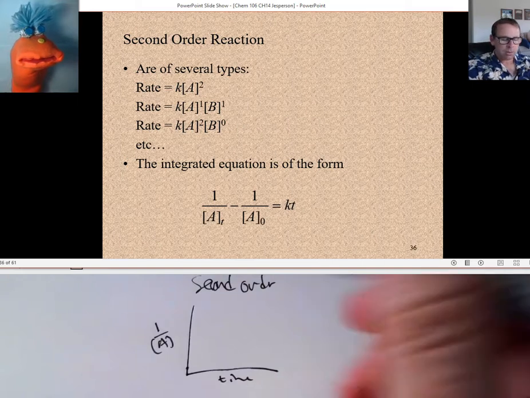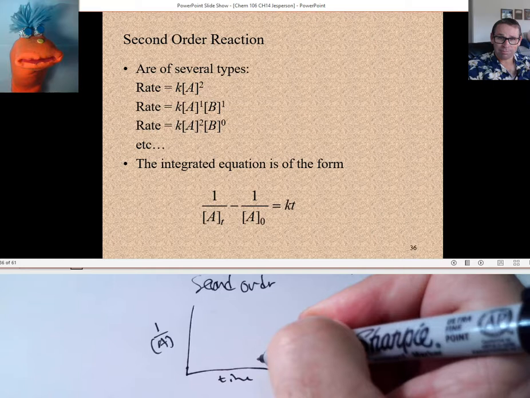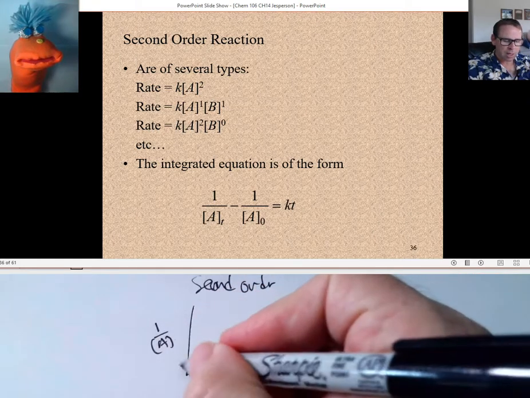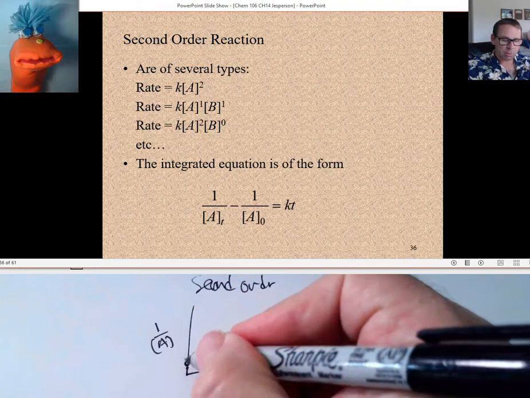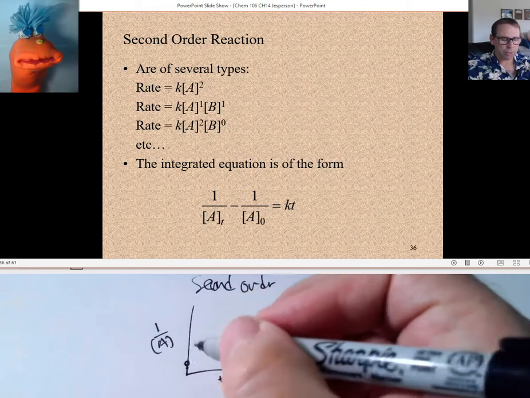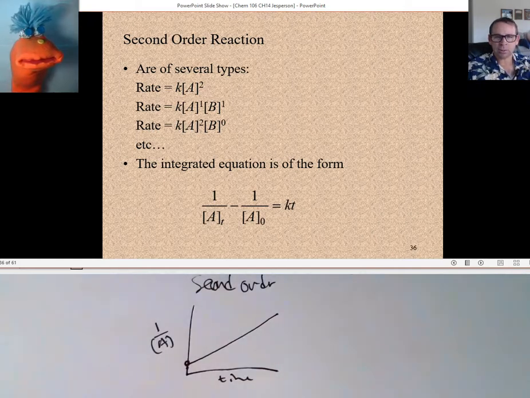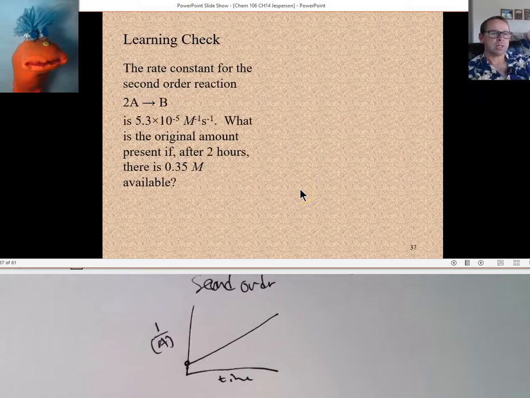Now, this linear relationship doesn't go from top to bottom, because if I'm saying 1 over A, then you start off with a higher concentration that will make a smaller value on this plot of 1 over A. So 1 over A versus time will be a linear relationship if you have a second order reaction. All right, so we can use this integrated rate law to solve these problems here.